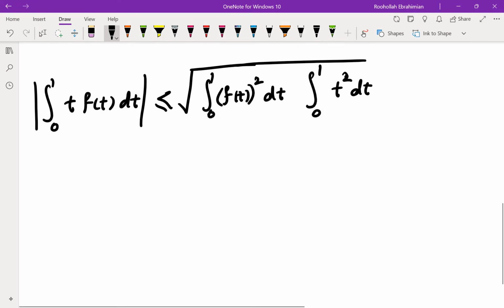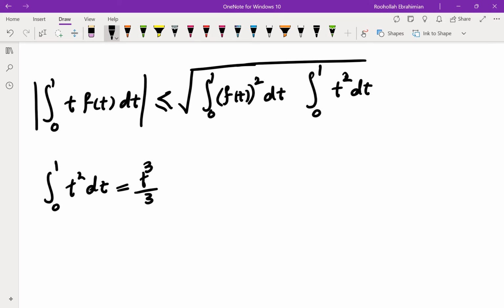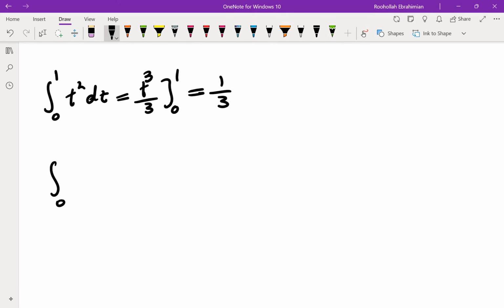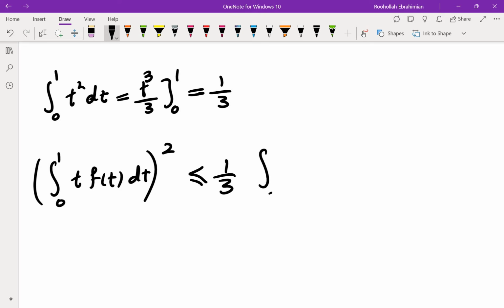The integral of t squared dt is exactly t cubed over 3 from 0 to 1, which is 1/3. We square both sides to see what we get: the integral from 0 to 1 of t f(t) dt, squared, is less than or equal to 1/3 times the integral from 0 to 1 of f(t) squared dt.